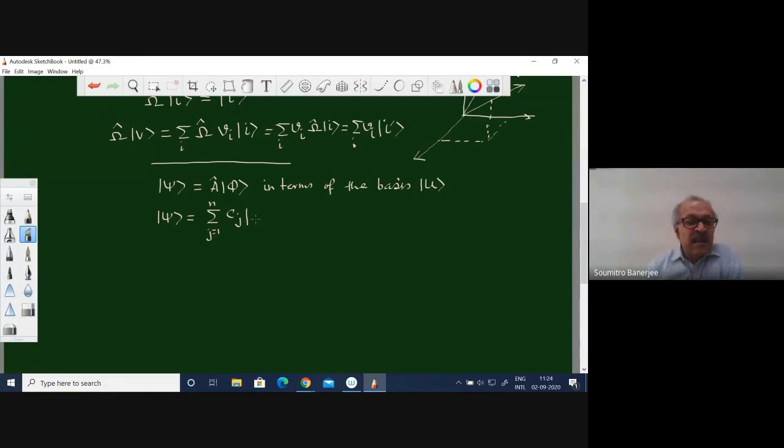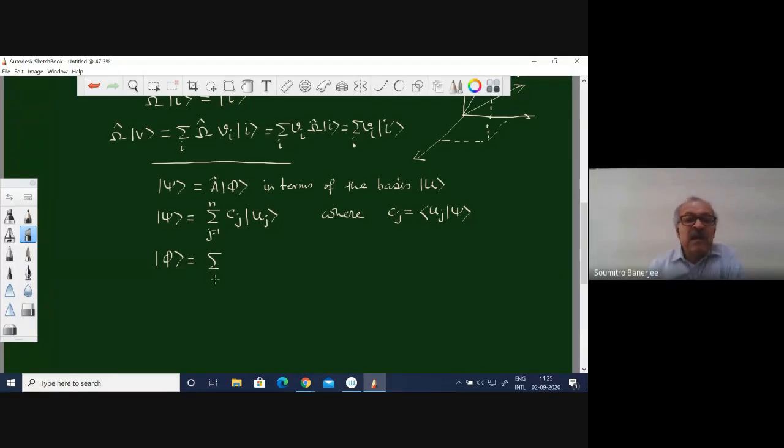So this is u_j, where your c_j is nothing but <u_j|psi>, and our phi is also defined in a similar way.